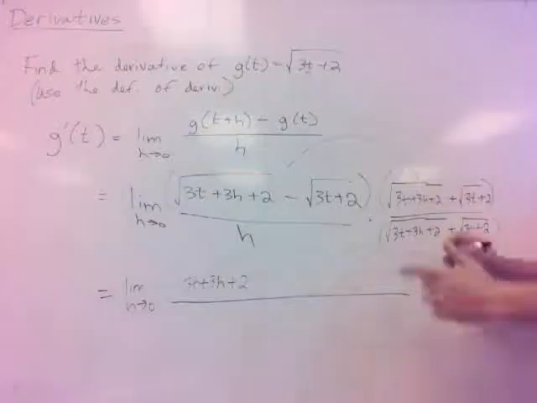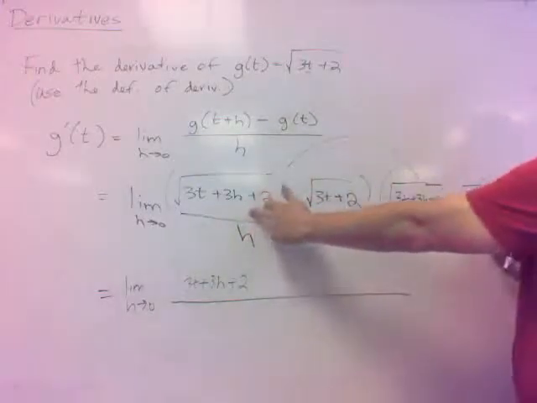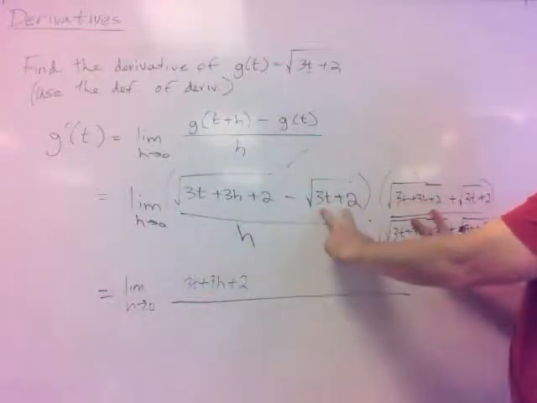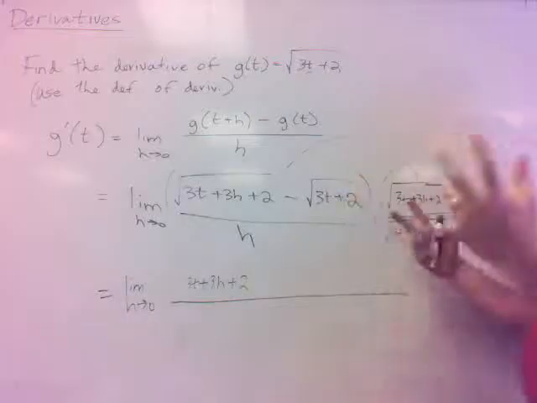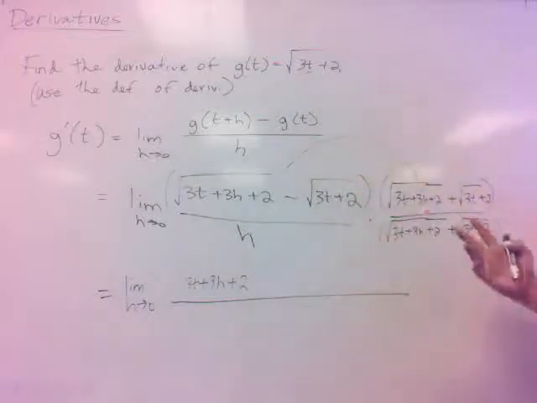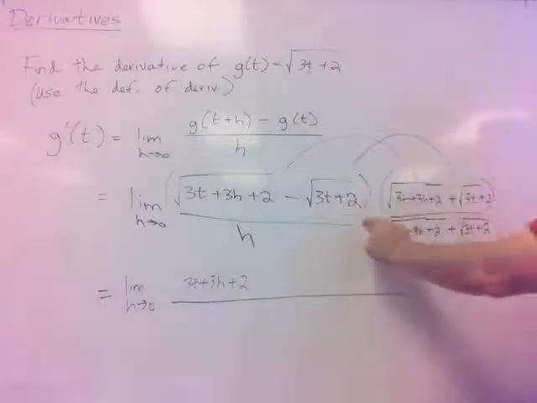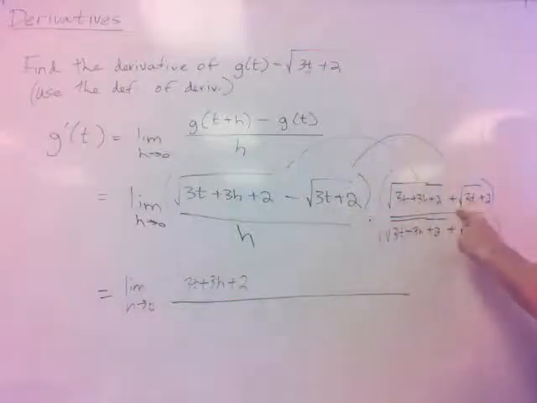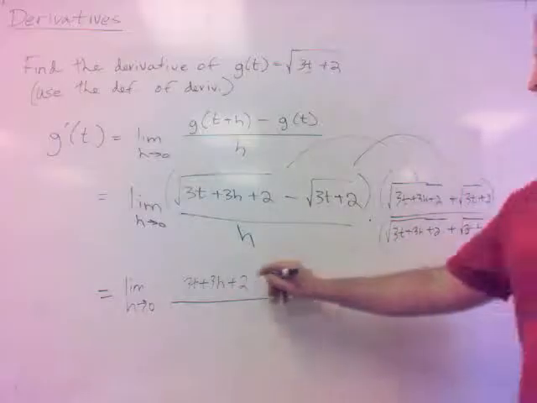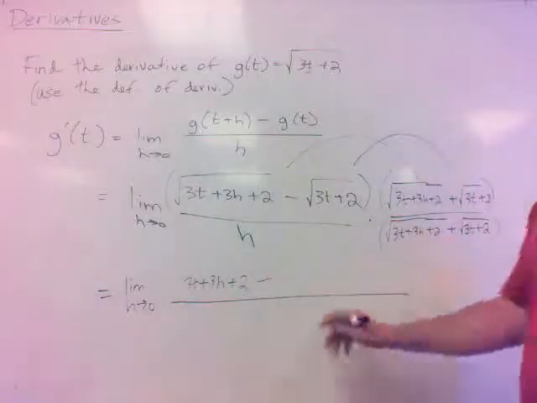The middle two terms cancel out. You can write them if you want, but they will cancel. And then that leaves the minus square root of 3t plus 2 times the positive square root of 3t plus 2, which makes a minus 3t plus 2.